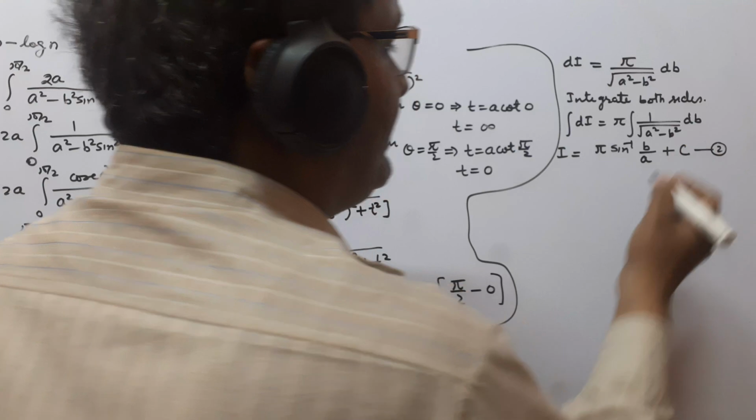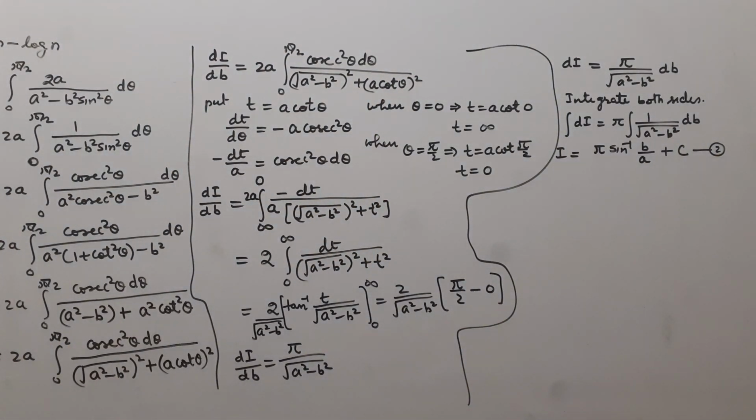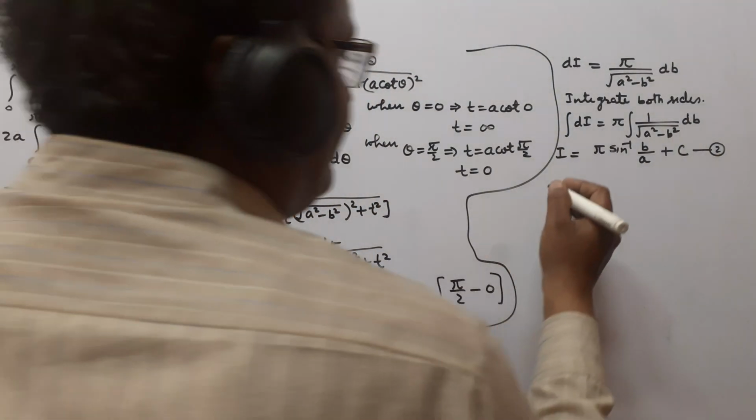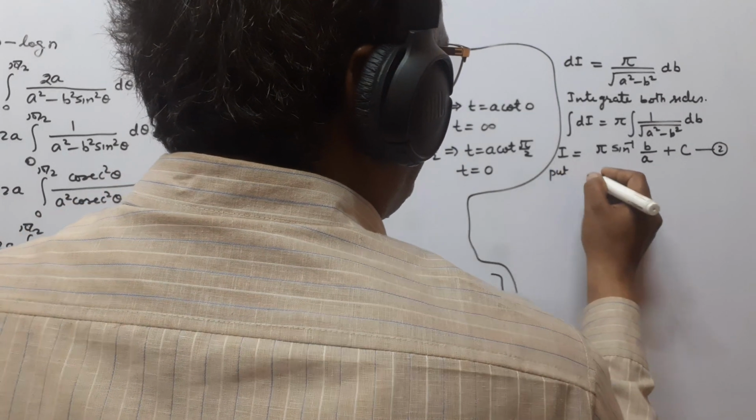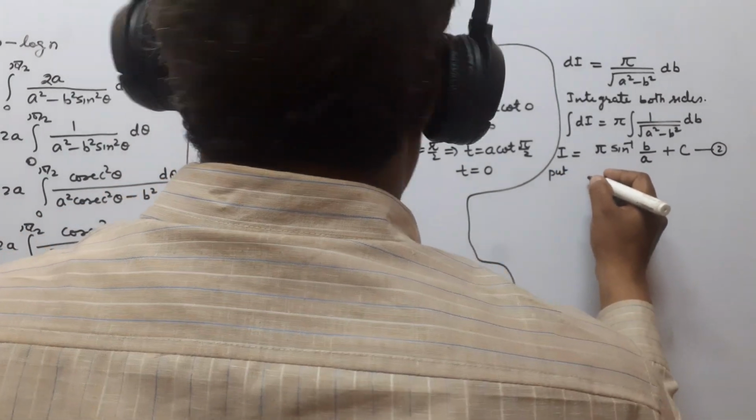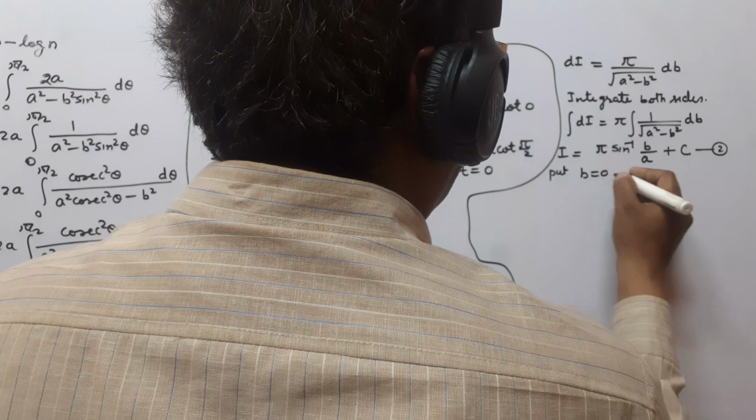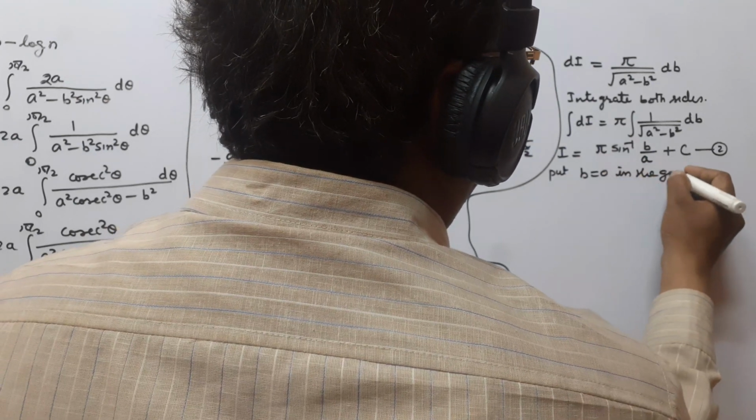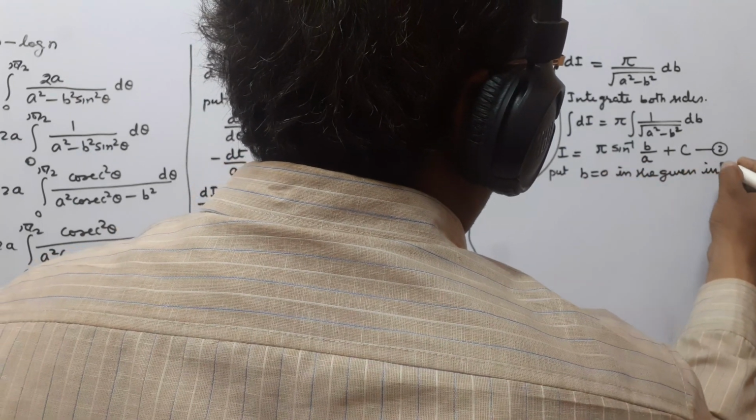So now we find the value of the integration constant. We put b is equal to 0 in the given integral.